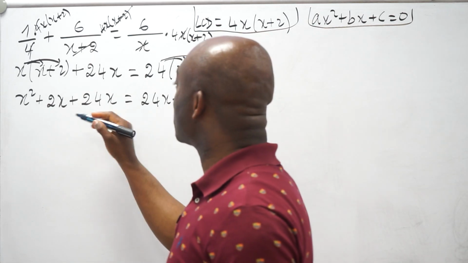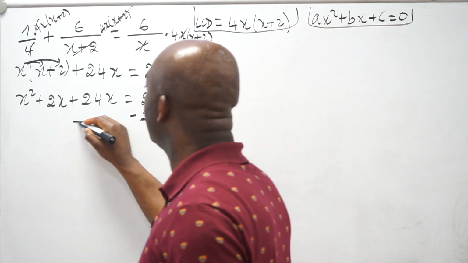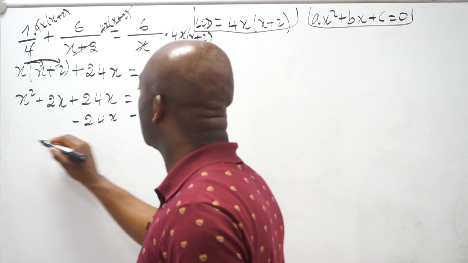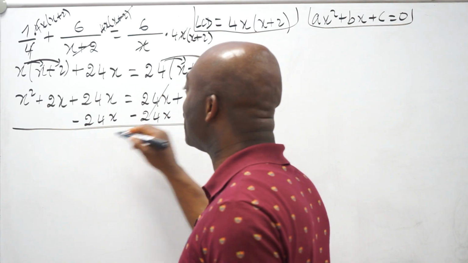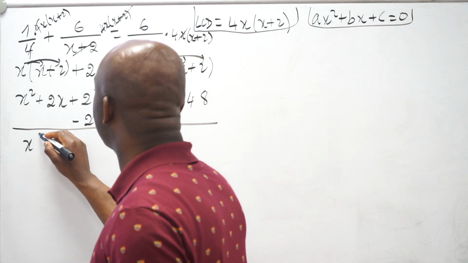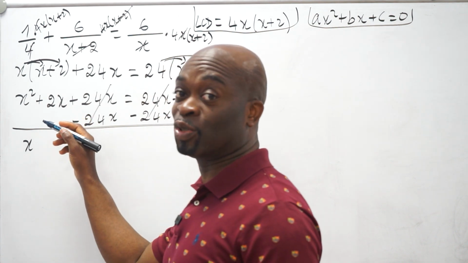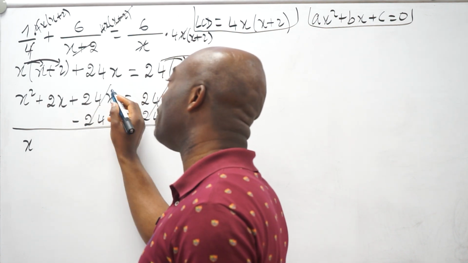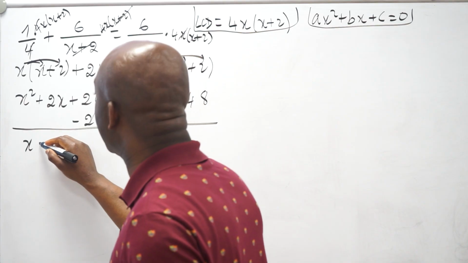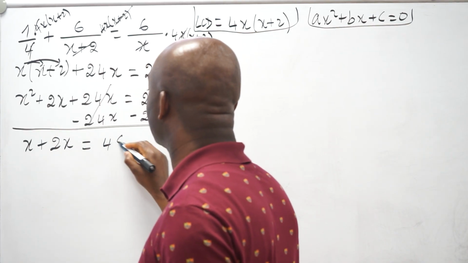So we get negative 24x, negative 24x. The good news is that these two cross out. So we end up with x squared plus 2x. So we still have the 2x to deal with. So we have now plus 2x equals 48.